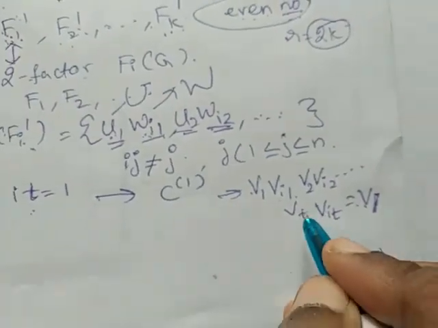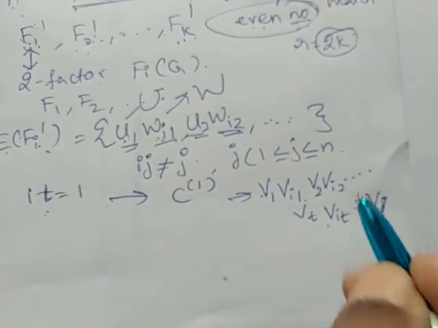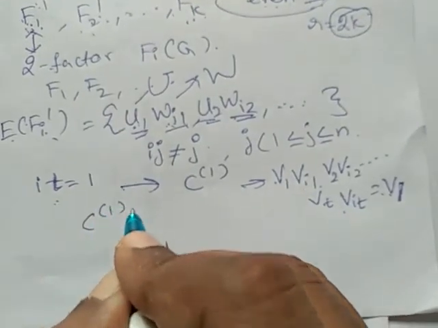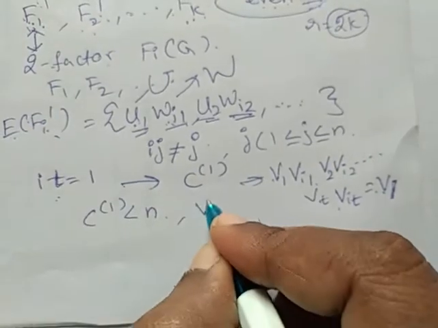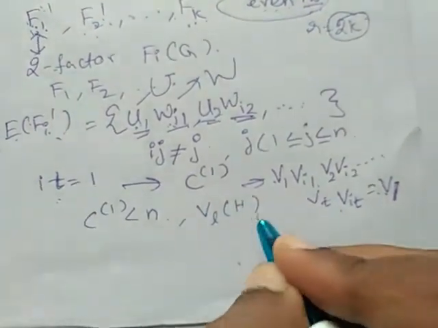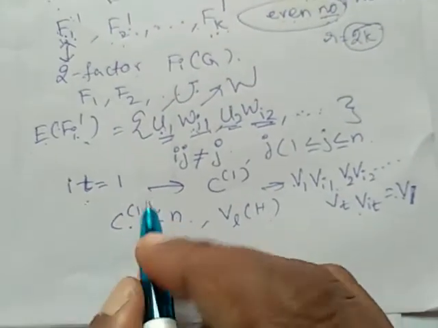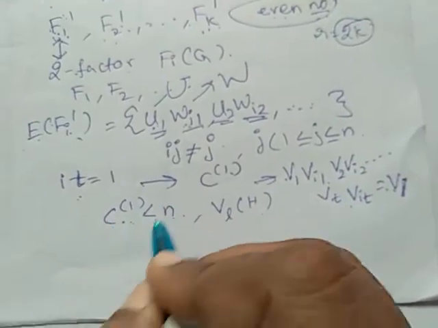Now if the length, meaning the number of edges in this cycle, of C1 is less than n, then there is a vertex VL of H which is not included in this cycle, because we have n vertices.